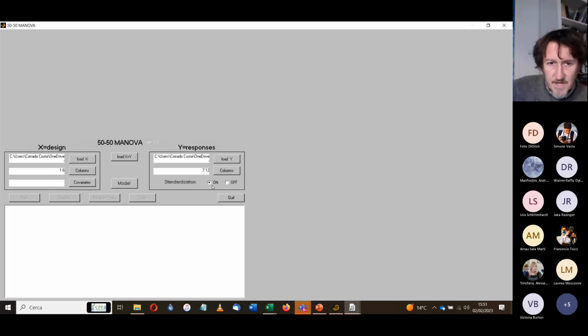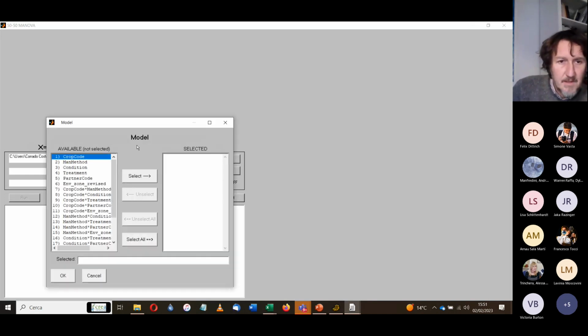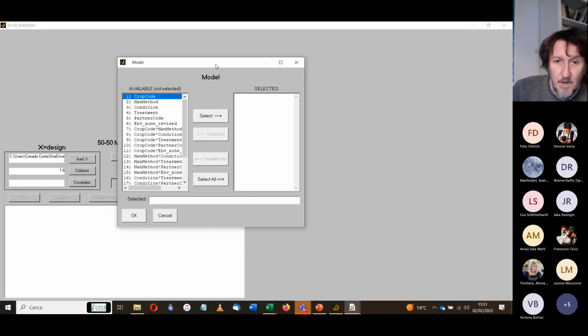As for yesterday, I suggest to standardize the variables, and then we have to decide the model. The model means which kind of factors and interactions between factors I have to analyze.